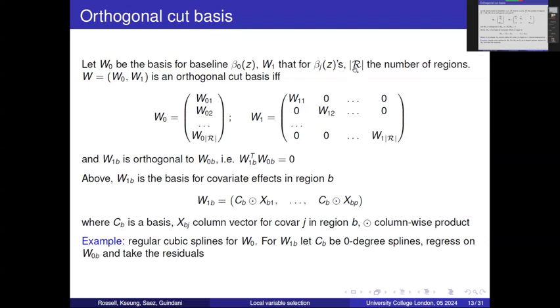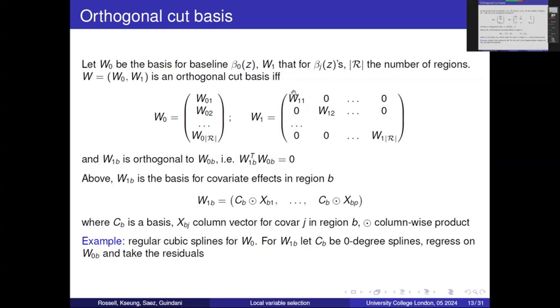We have a certain number of regions, and an orthogonal cut basis is defined in the following way. W0 is whatever. And for W1, first we put the observations in region number 1, then region number 2, then region number 3.